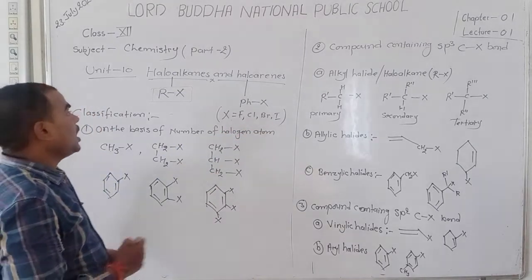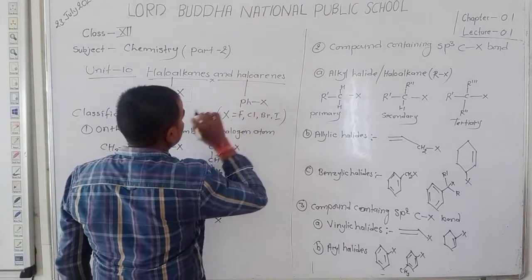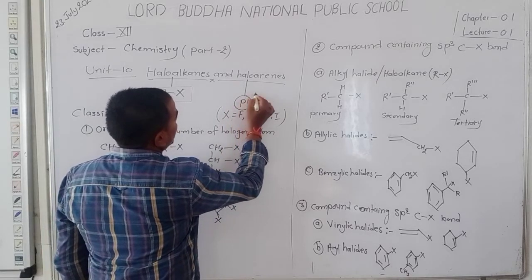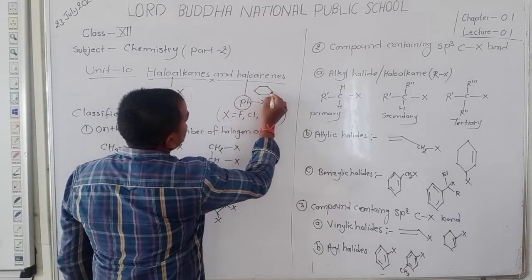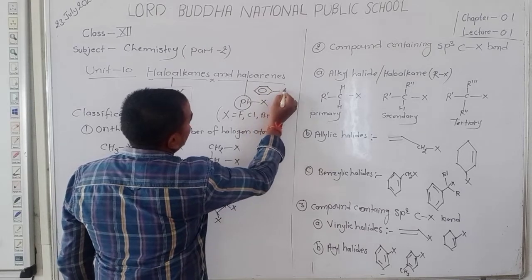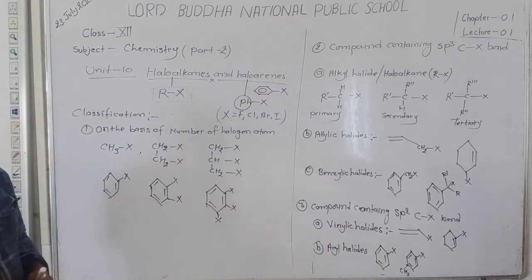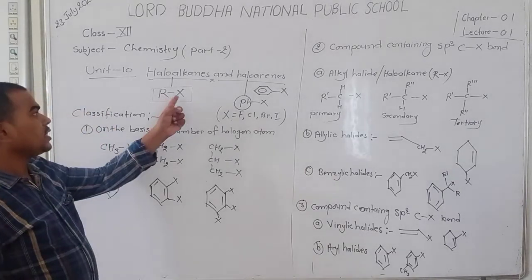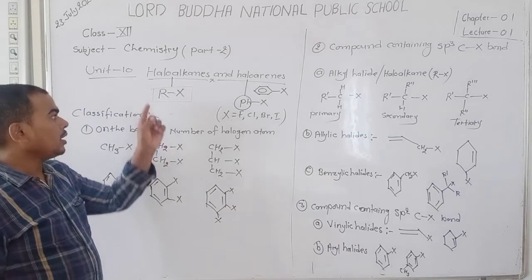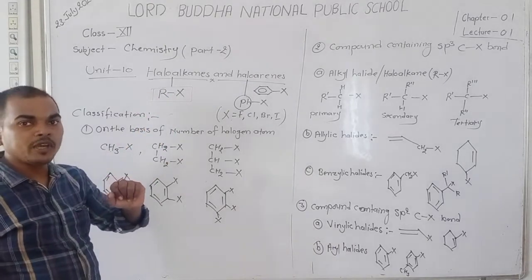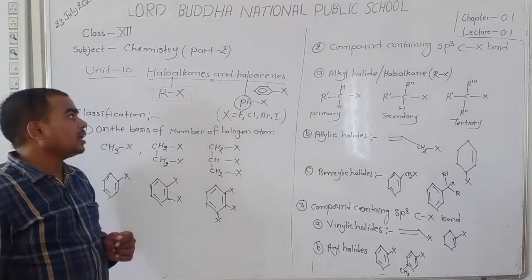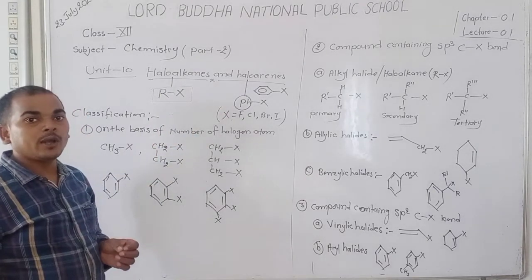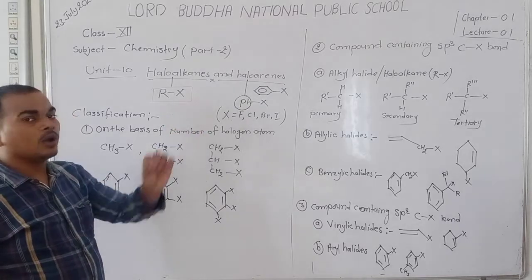Haloarenes are represented by PhX, where Ph is phenyl, that is the benzene ring, and X is a halide. It is known as haloarenes. When a halogen is connected with an alkyl group, that is an open-chain hydrocarbon, we say haloalkanes. When a halogen is joined with a benzene ring or aromatic ring, we say haloarenes.